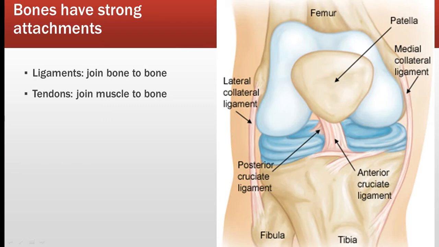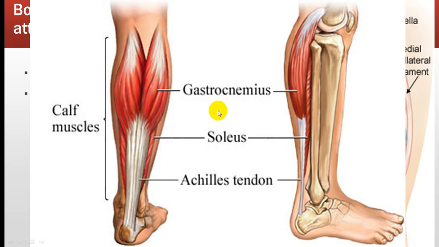So remember, bones are joined together by ligaments. Muscles are joined to bone by tendons. This is called the gastrocnemius, which is our calf muscle, and it turns into the biggest tendon in our body, called the Achilles. On the side, you can see right here, see that red part? That muscle has a lot of blood supply to it.